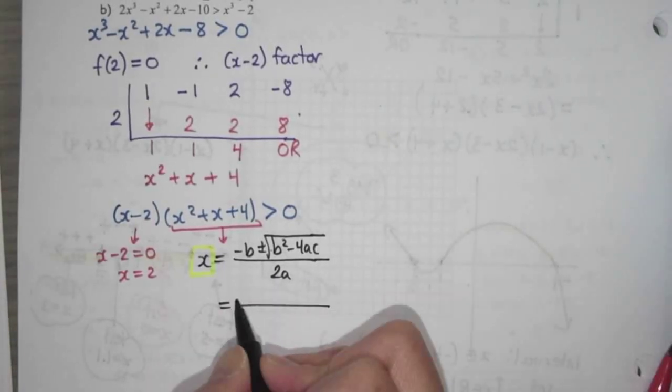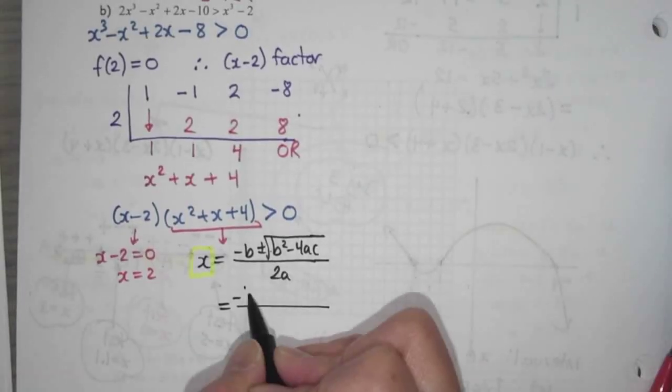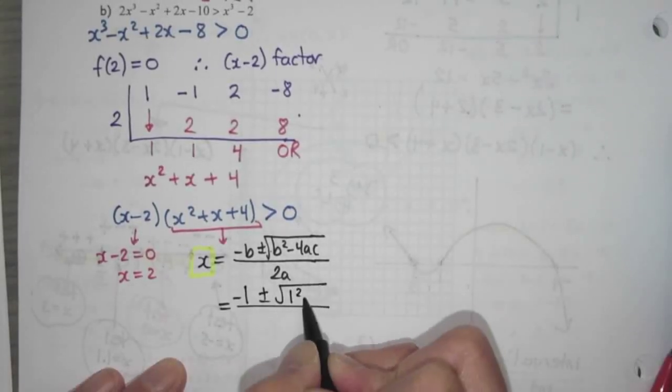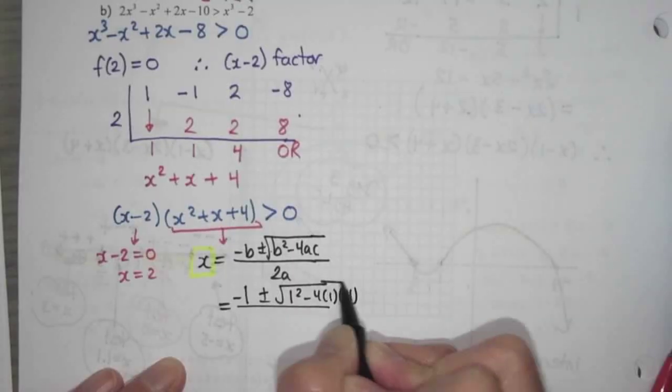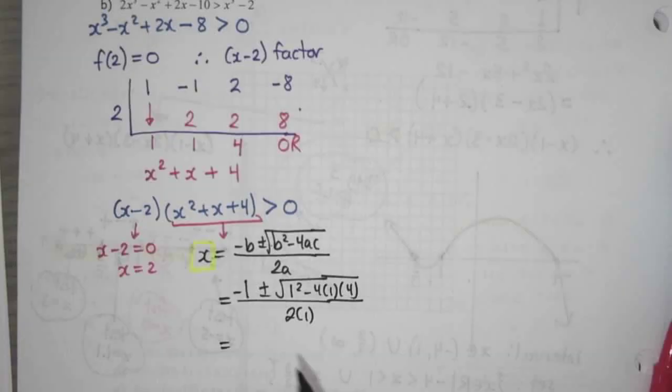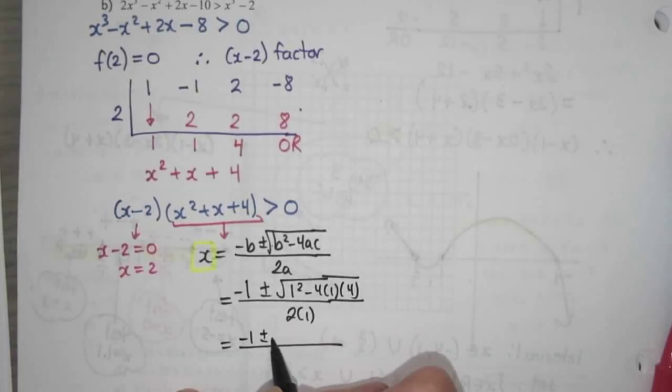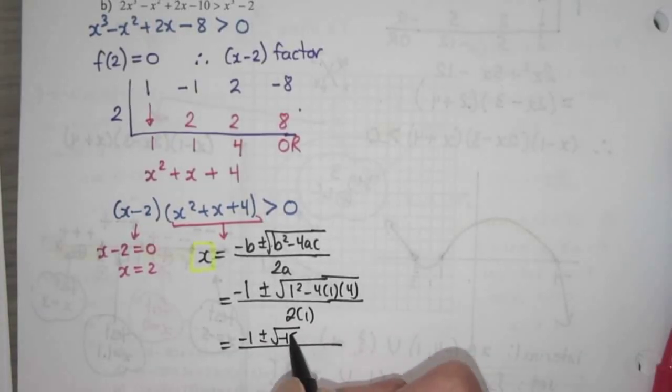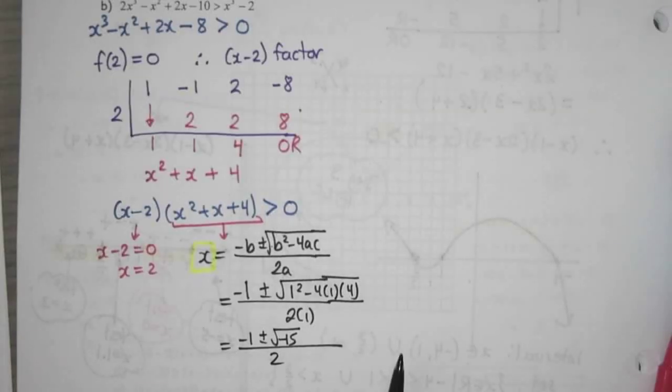When I check it though, what do we get? Negative 1 plus or minus the square root of 1 squared minus 4 times 1 times 4. So if you check the discriminant and it's negative, then you've got no more roots, which is what happens here. I got negative 15. As soon as you see that, you go, oh yeah.